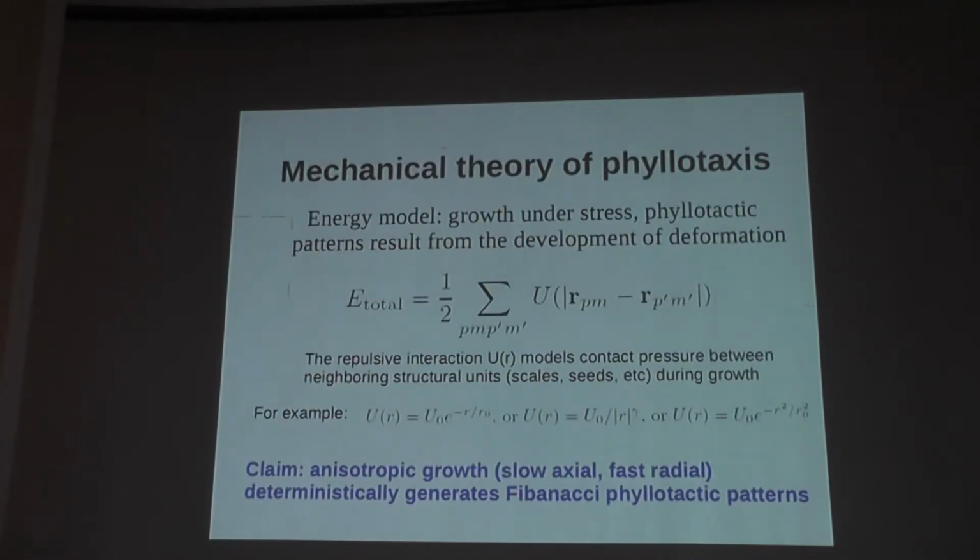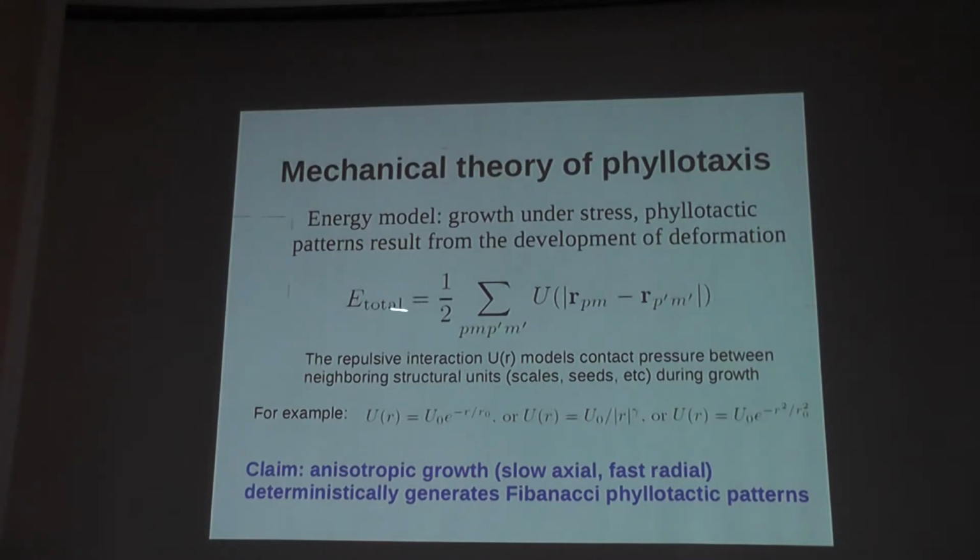Right. So what I want to present now is a physical model which is purely mechanical, and the idea is basically to build on what we just learned and try to stabilize the lattice by some forces by which the units are repelling each other.